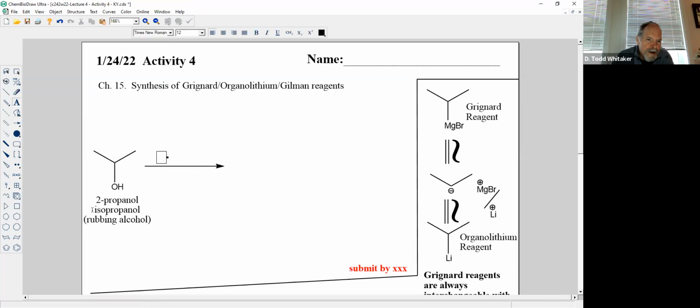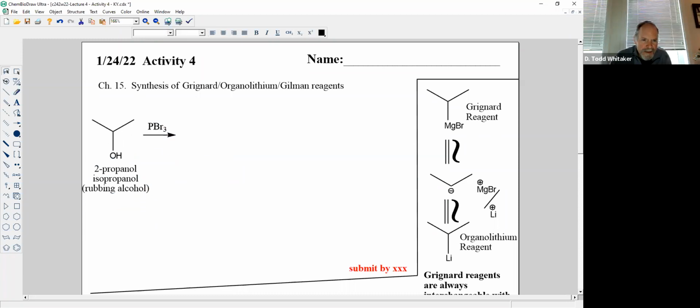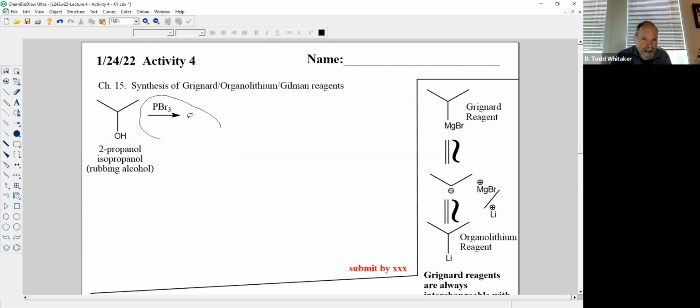So PBr3 is a very reliable way of making an organic bromide. We could have used the chlorine version.